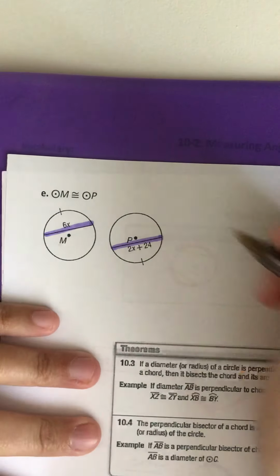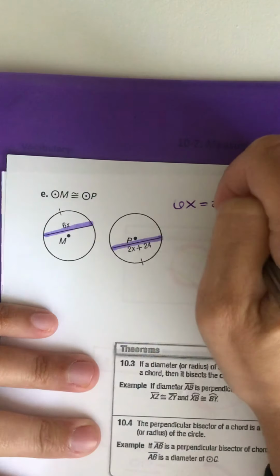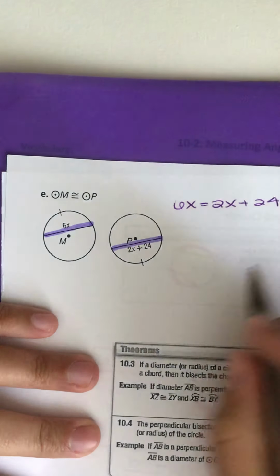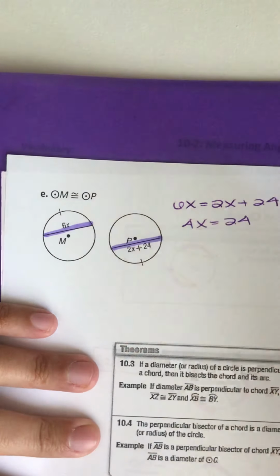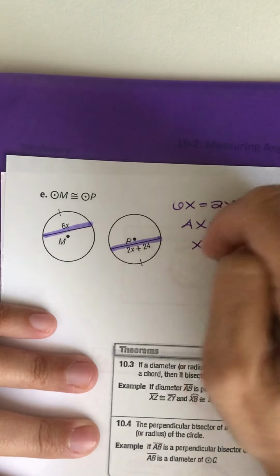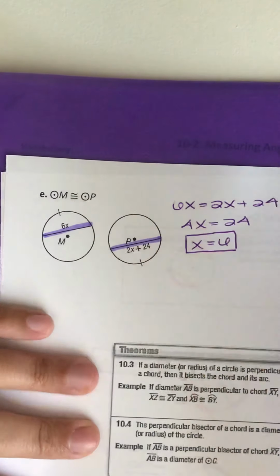So I'm going to set 6x equal to 2x plus 24. Subtract 2x. Divide by 4. And x is 6.